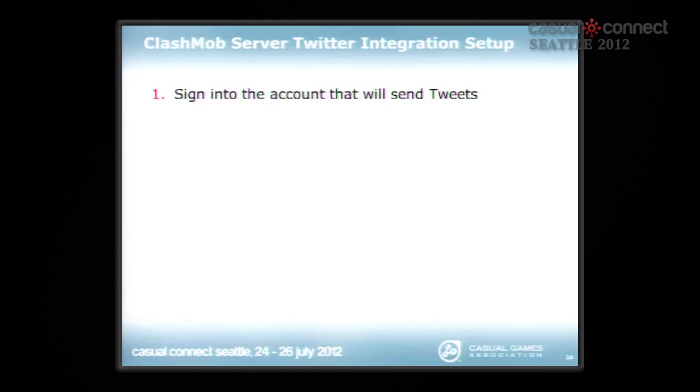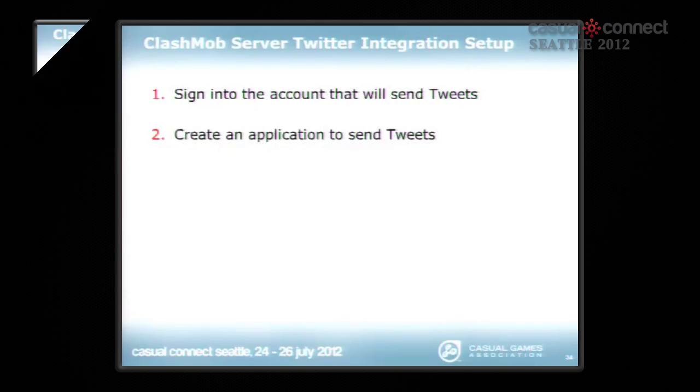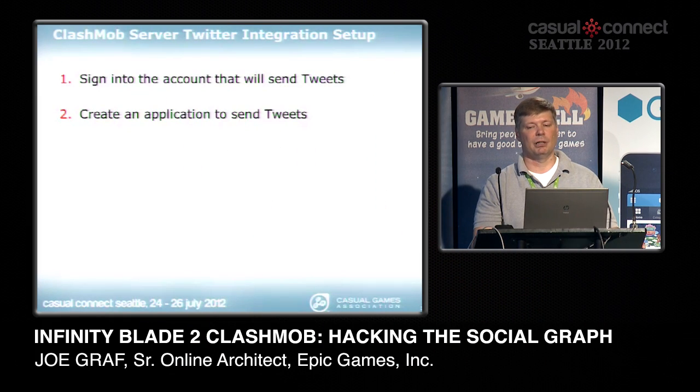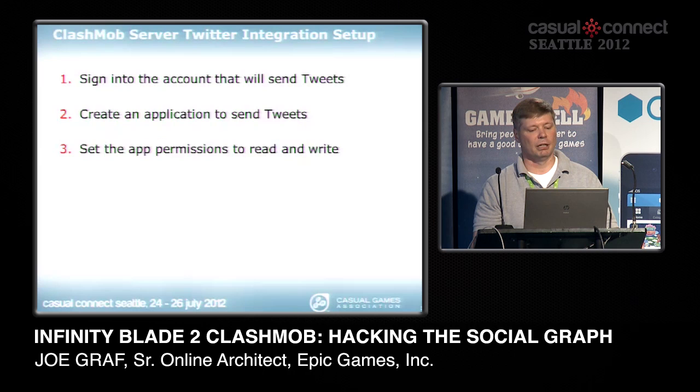From there, you do the exact same process. You sign into an account that's going to send the tweets. You have to do that because the next step is to create an application, and you have to do that as the owner of that account. Because what you want to do from there is give that application default permission in order to read and write from your Twitter feed.